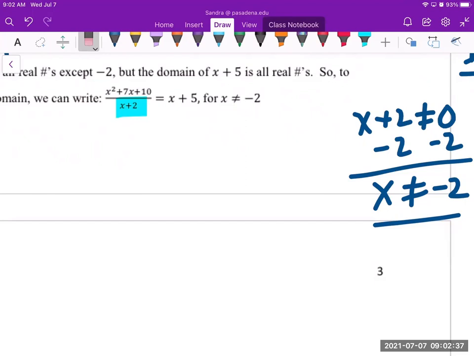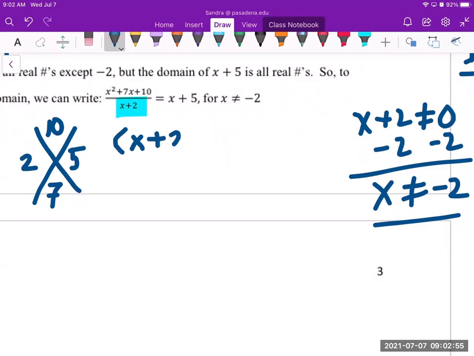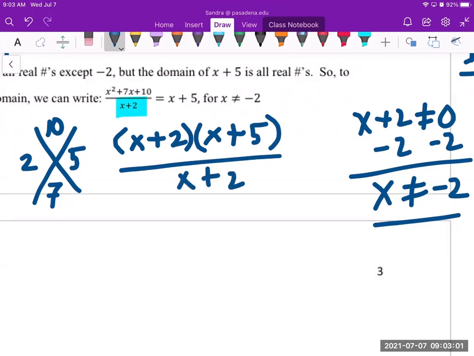Now, what about the final answer? Well, the final answer is just a simplified form. You factor out the numerator. We have 10, and then we want the sum to be equal to 7. And so the factors of 10 are 2 and 5. And so this is x plus 2 times x plus 5 over x plus 2. But this simplifies because the x plus 2 cancels.